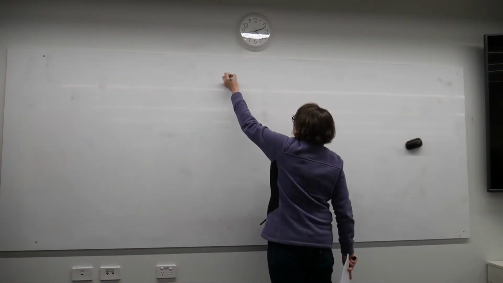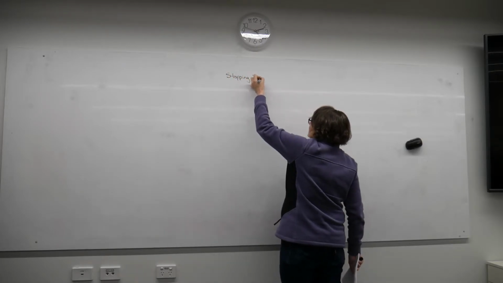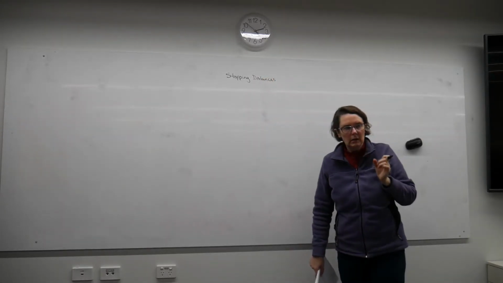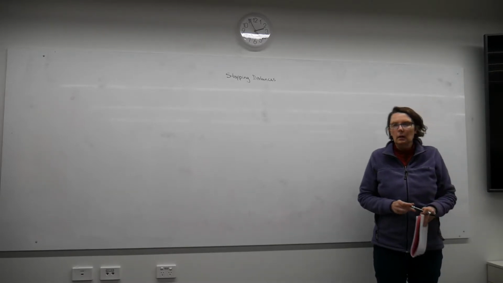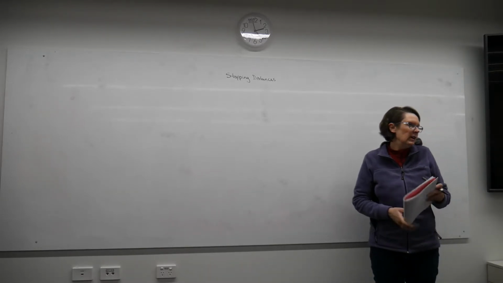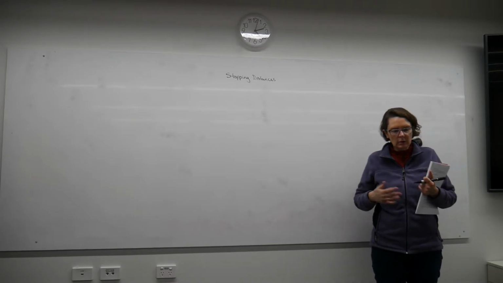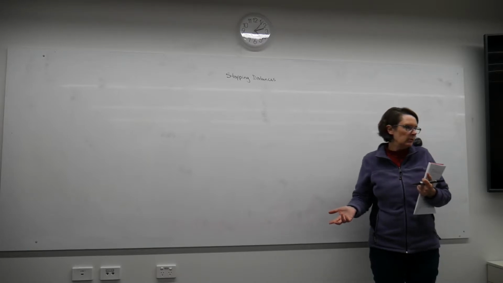So, stopping distances. What we're thinking about here is, for a lot of those examples beforehand, you've got maybe a car or some other vehicle in motion, and then it tells you that it decelerates and it stops, for example.